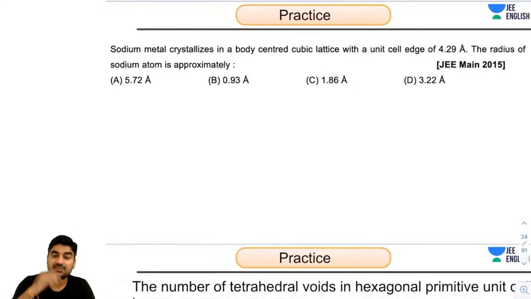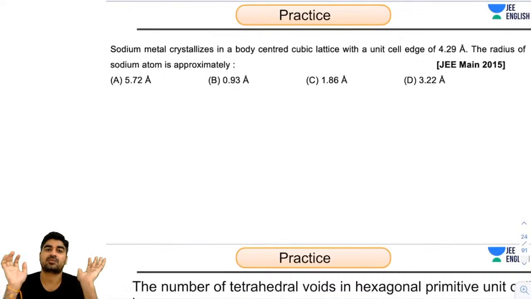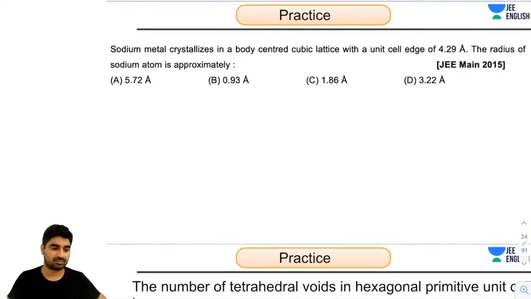Now do this one. This problem was asked in JEE Main 2015. Yes, guys, do it. Sodium metal crystallizes in body-centered cubic lattice with a unit cell edge of 4.29 angstrom. The radius of sodium atom is approximately.